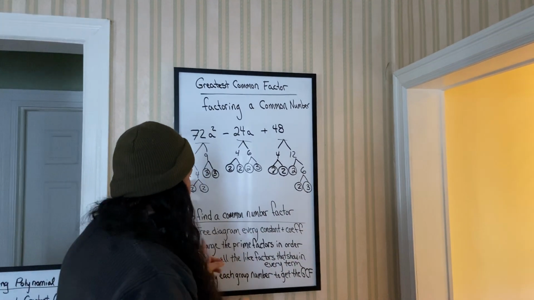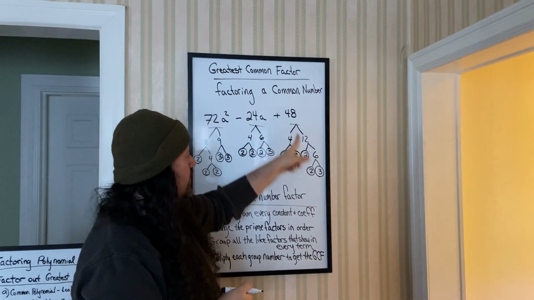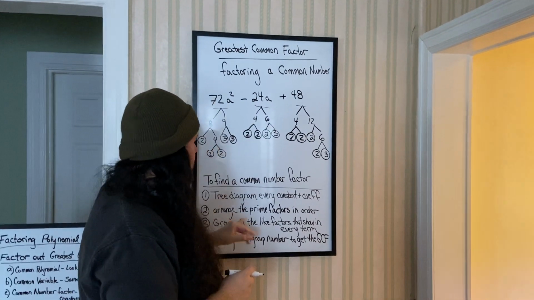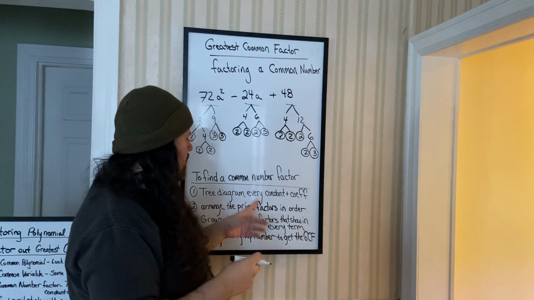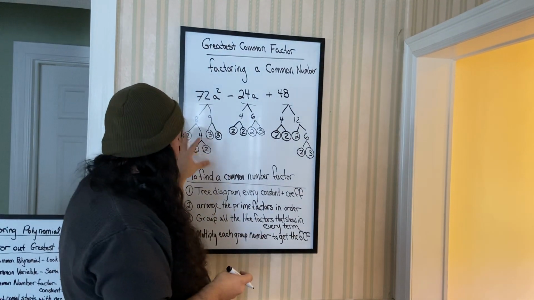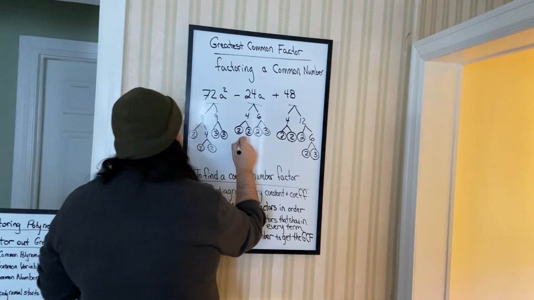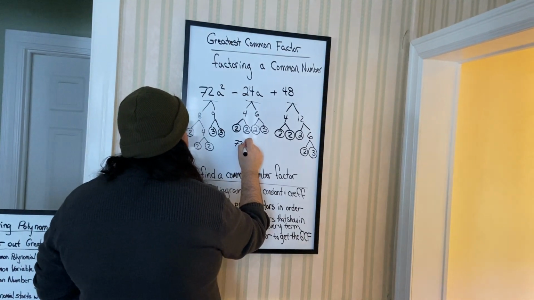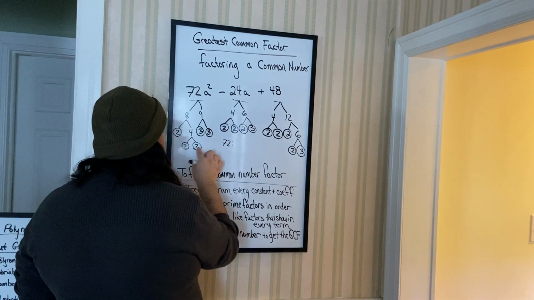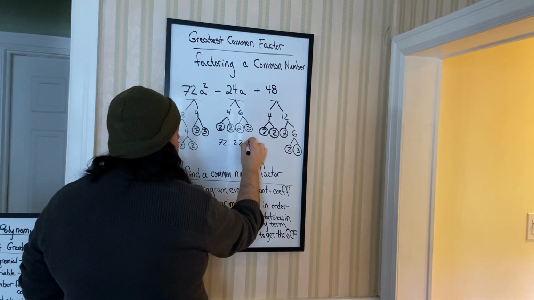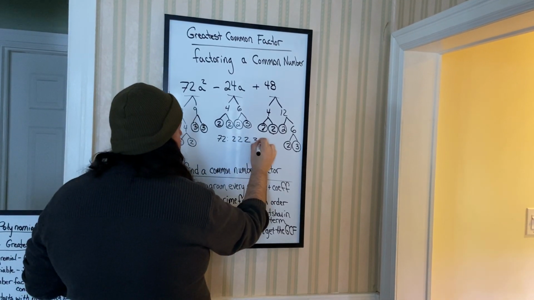So now that I broke down every constant, the 48 got broken down, and the coefficients, now we're going to just arrange our prime factors in order, because everyone might have a different order. So for us, I have 72. Let's see. 3 2s, 1, 2, 3, and 2 3s.